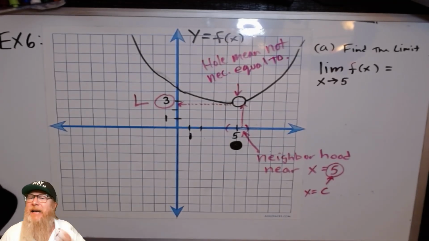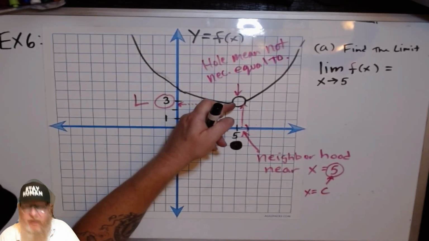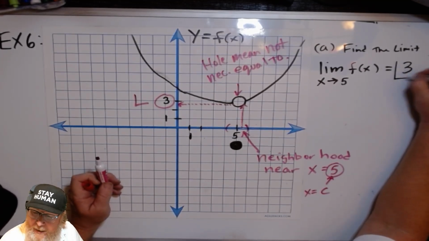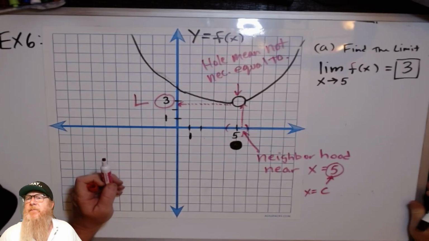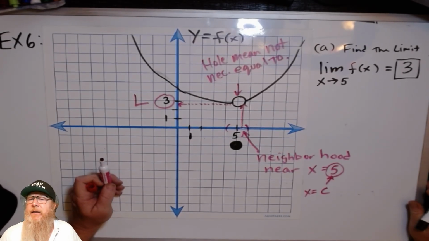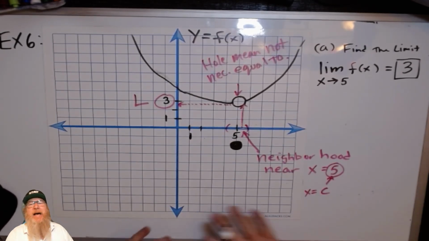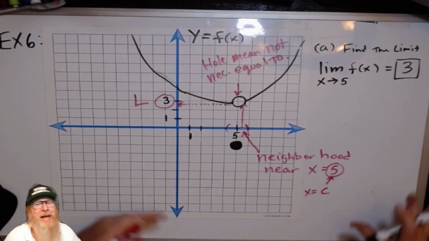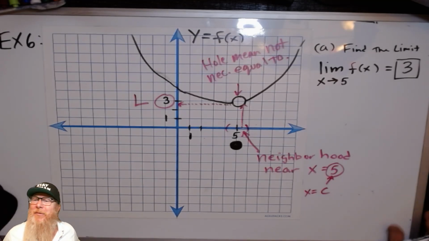It's not equal to 3. It's getting very close to 3. So the limit is 3. Now, I'm really glad I squeezed in that second definition. I saw this coming. I would have had to give you the new definition now, but we already have it.